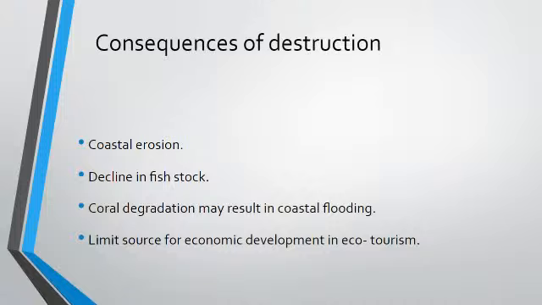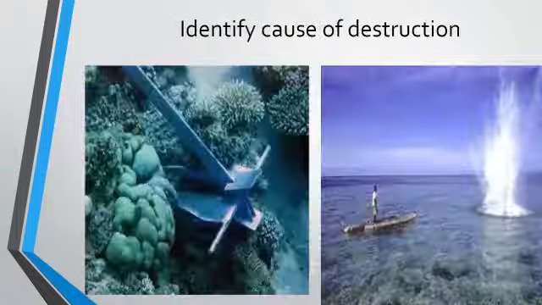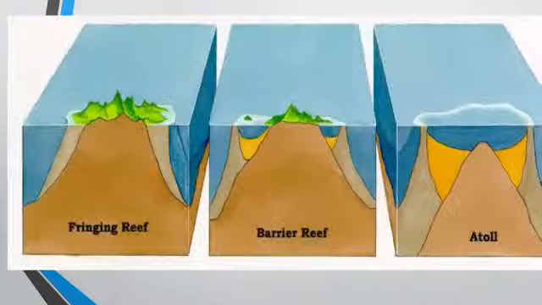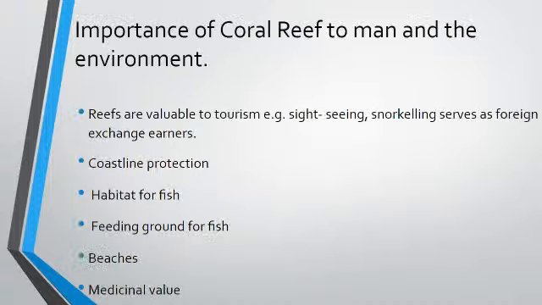Consequences of the destruction. So what happens after we destroy the coral reef? If we destroy the coral reef, it is going to cause coastal erosion. So hold on. Remember all of the benefits of coral reef? It's a little far. I think I passed it. Right. The importance of coral reef here.